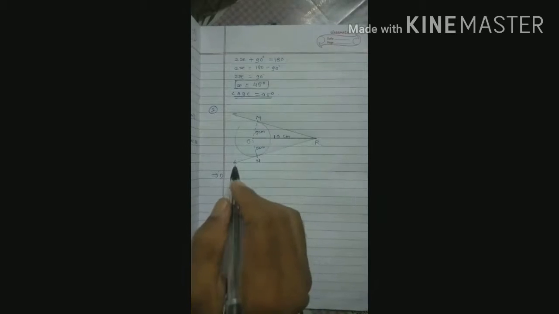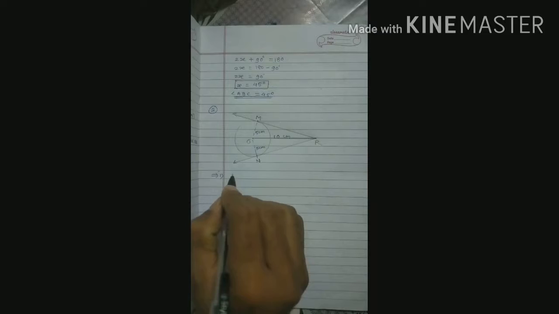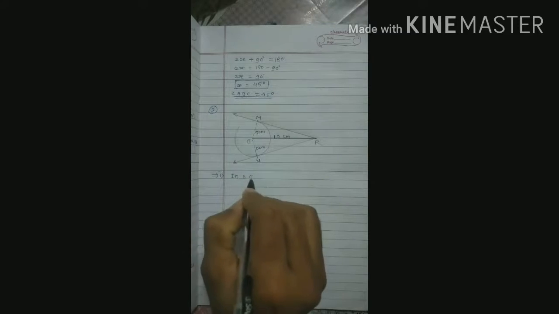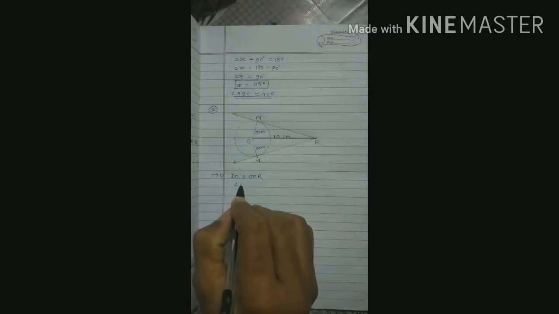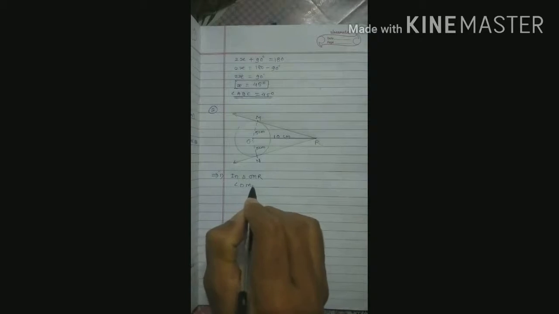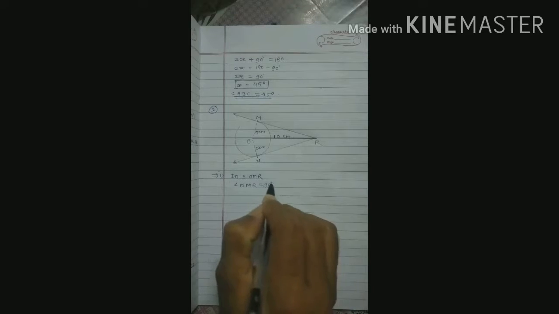Then in triangle OMR, angle OMR is equal to 90 degree.